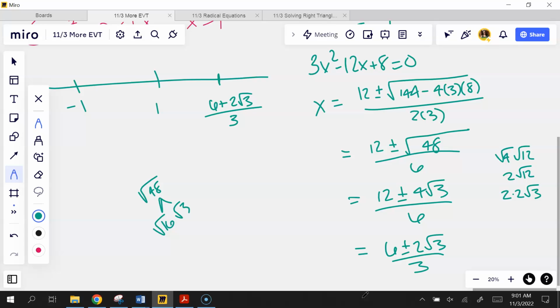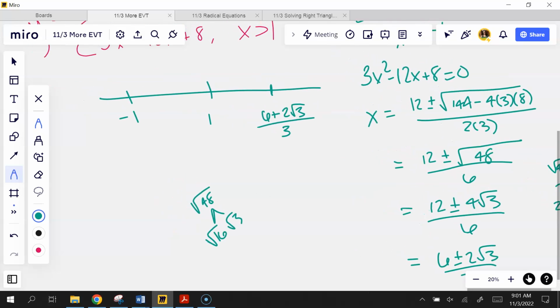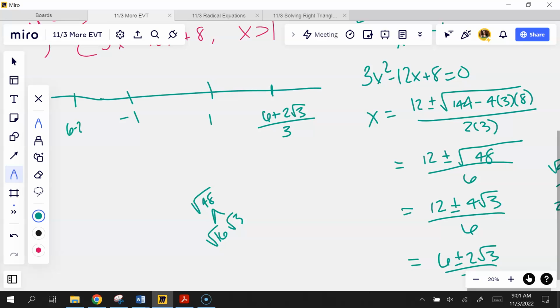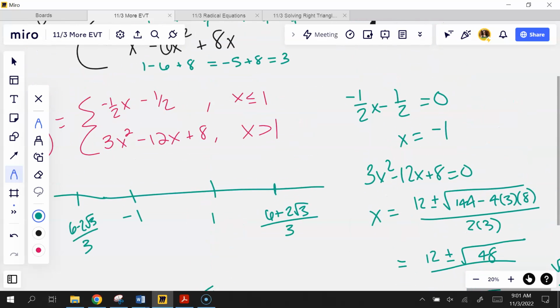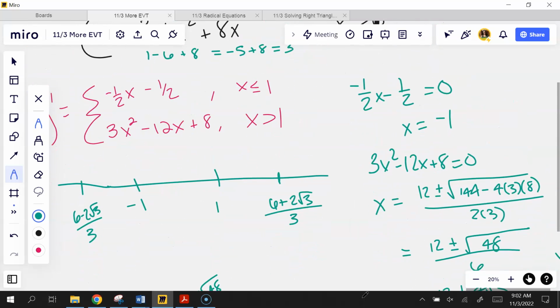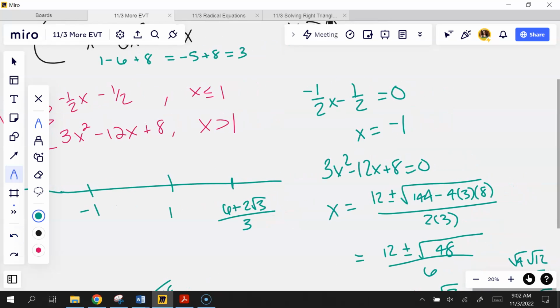No, you're right. Okay. So the negative is going to be over here. That's not going to impact, because this is bigger than 1. That's right. All right, so I don't have to include the negative one, the minus one.